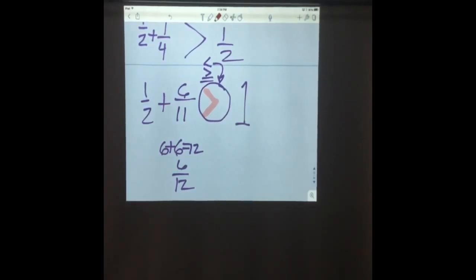Well, if you're going, hey, how do I prove that? Well, you can do it a couple of ways. You could do our way where we multiply 2 times 11 would give us 22, right?